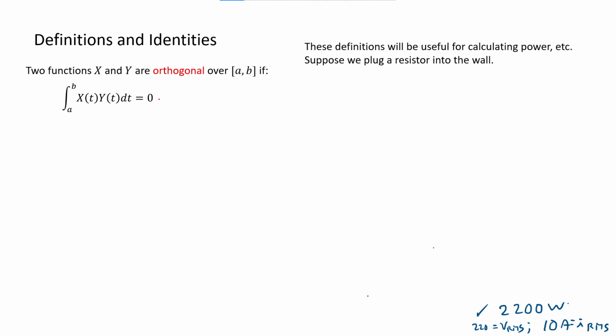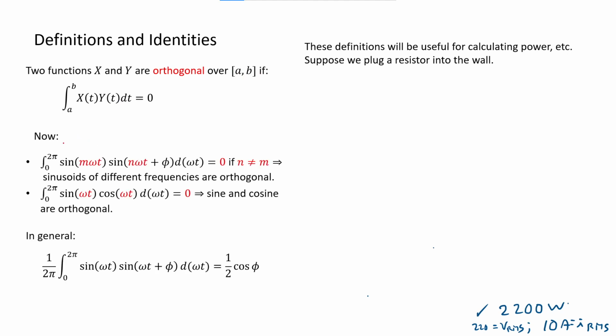It means that these two functions are orthogonal over the interval a to b. For example, if you compute the integral from 0 to 2 pi of sine(m omega t) and sine(n omega t plus phi), and if m and n are integers, then these signals are orthogonal.